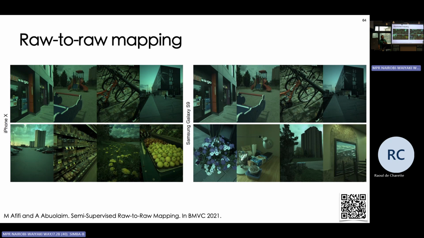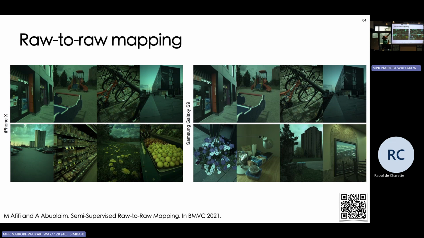So we propose a semi-supervised raw-to-raw mapping method, and the idea is, okay, we need a bunch of unpaired images from two cameras. It's very easy to collect, right? Just open your camera and capture random images with each camera.